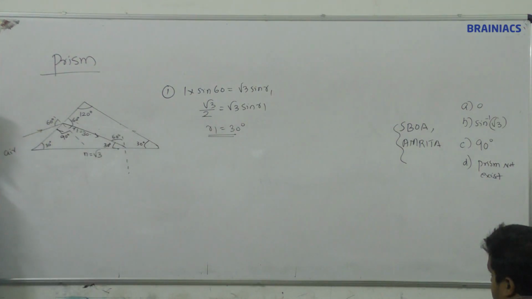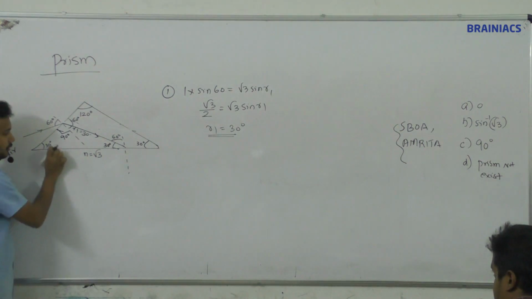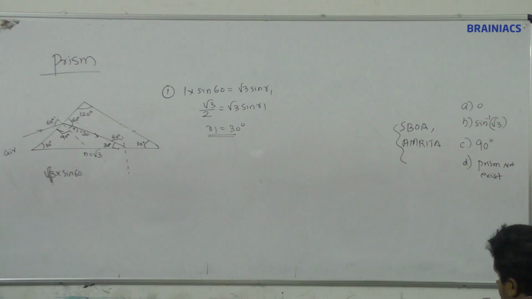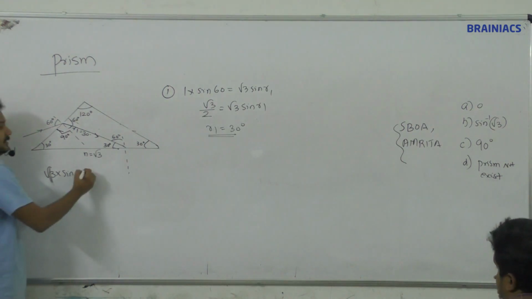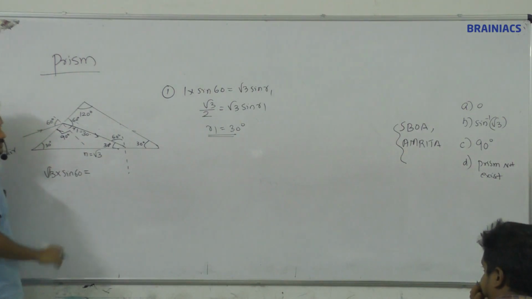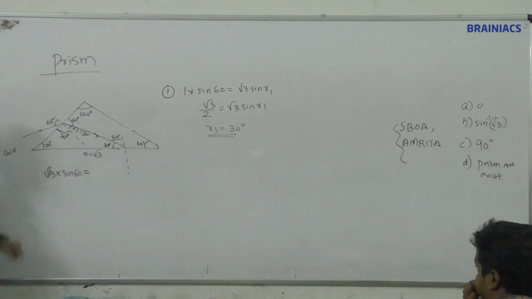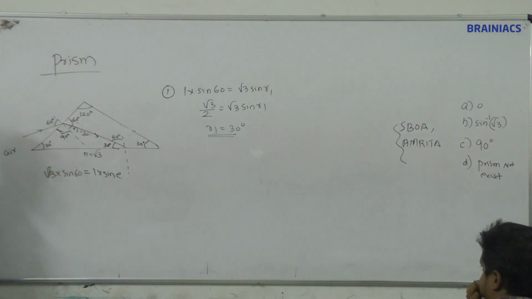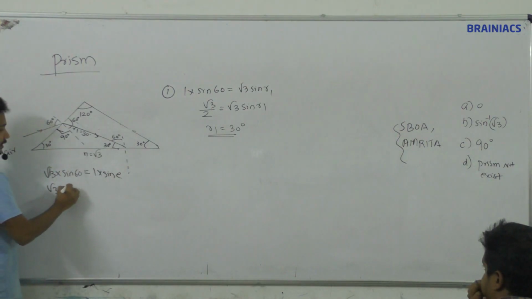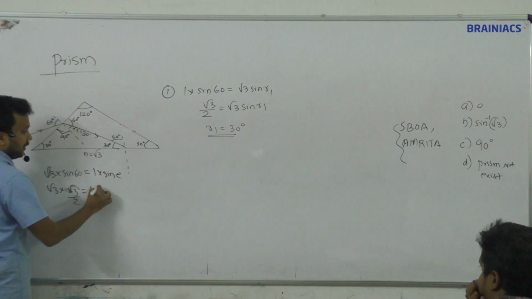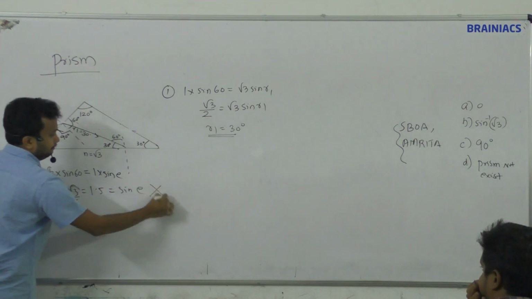Now I have to see what is coming. Root 3 into sine 60 is equal to 1 into sine of the out angle, emergence angle E. Root 3 into sine 60 means root 3 by 2 into root 3, so 3 by 2. 1.5 sine E, not possible.